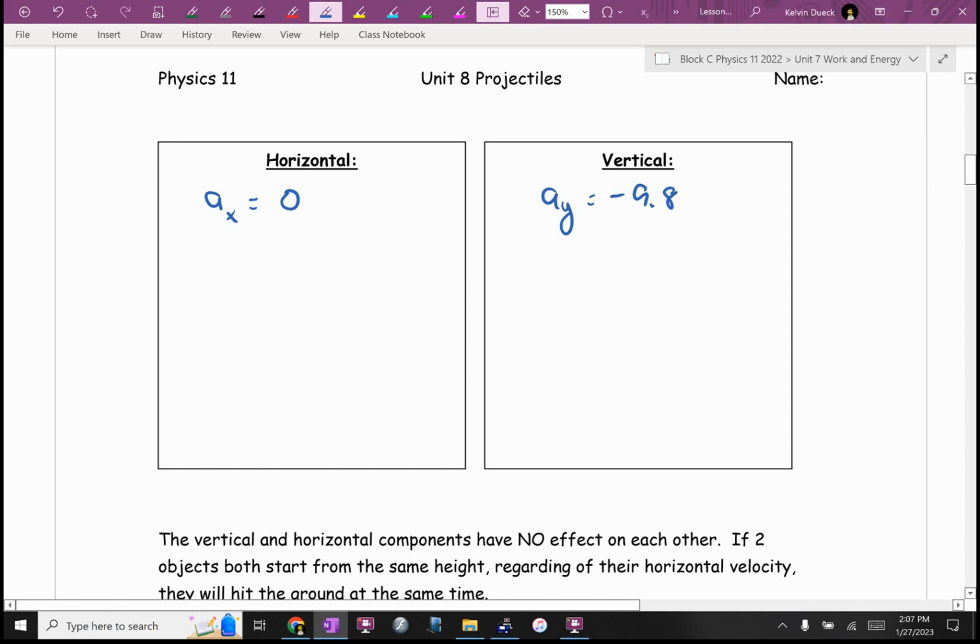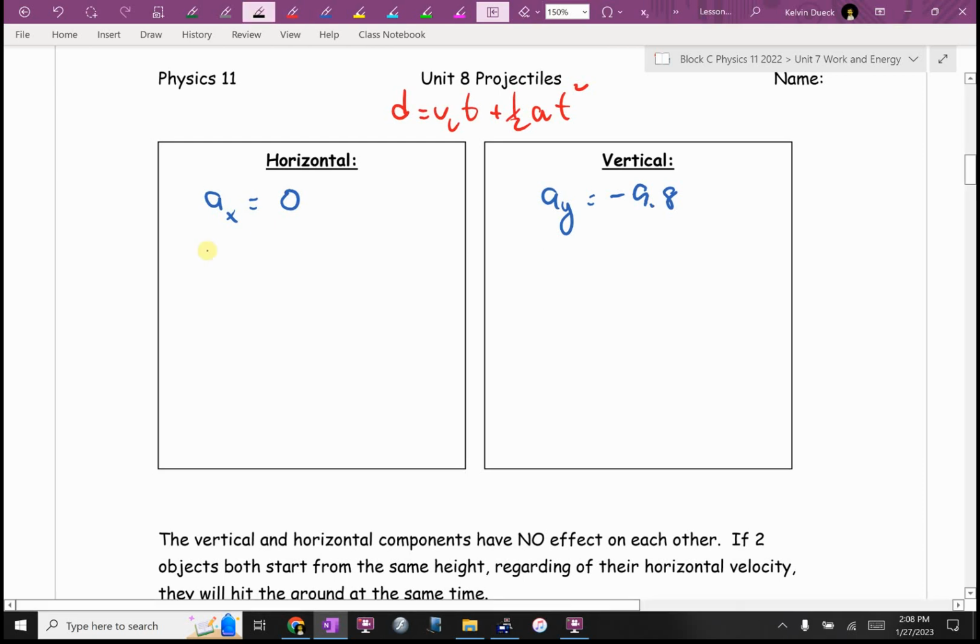AY equals... what else can I say? Well, above this, can you write D equals VIT plus a half AT squared? Remember our old friend? That was our displacement equation. I can customize this one to both horizontal and vertical.